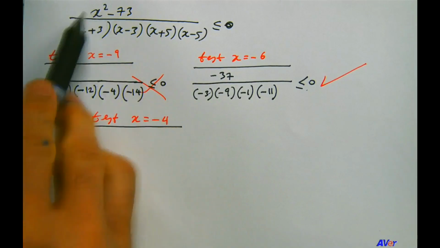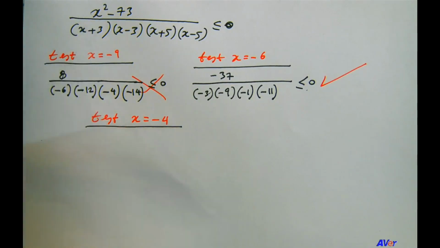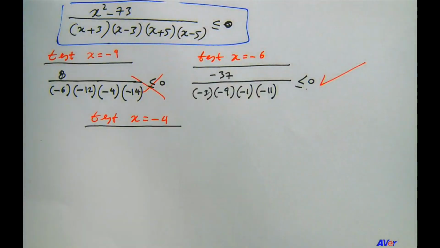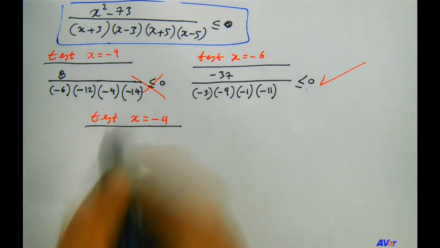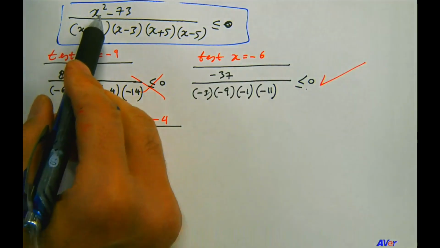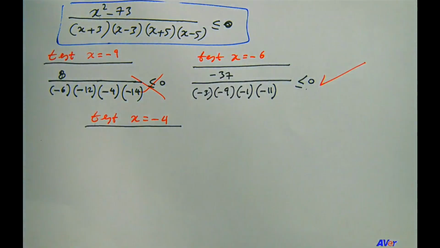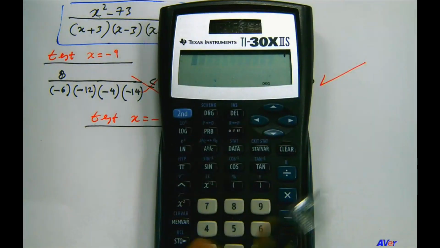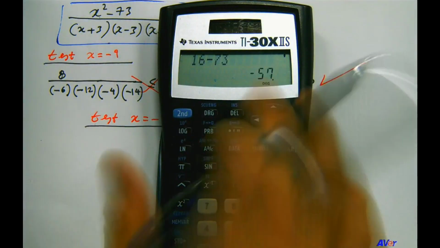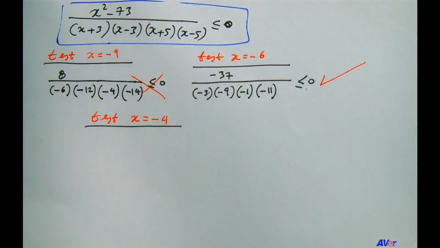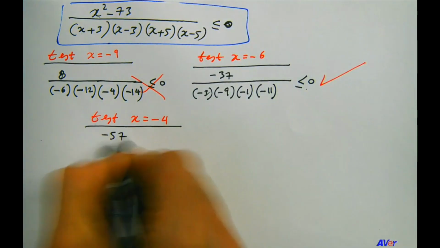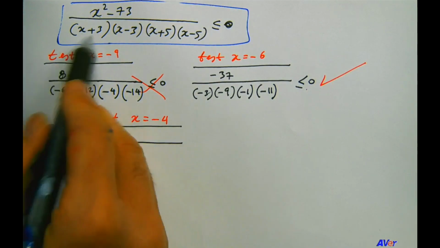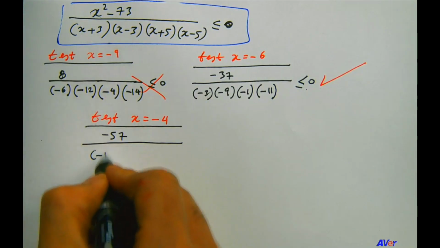Negative 4 squared is positive 16. 16 minus 73 is minus 57, divided by negative 4 plus 3, which is negative 1.